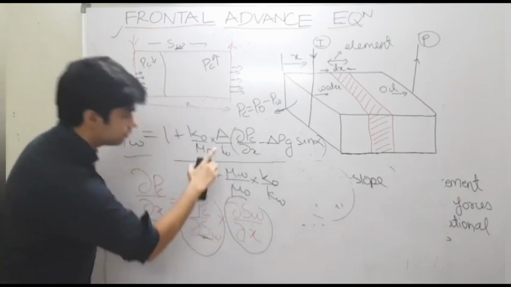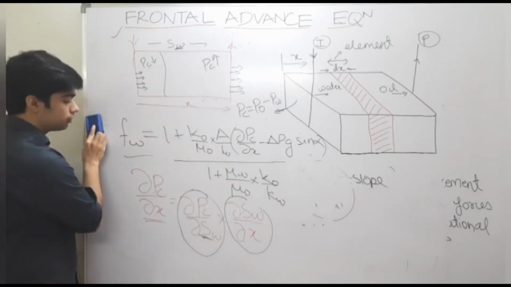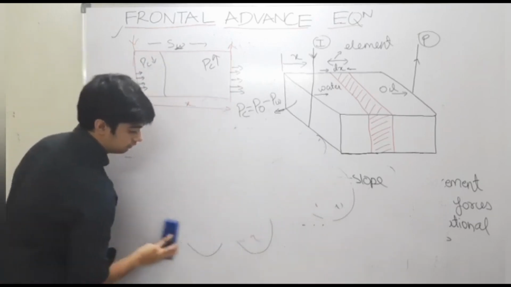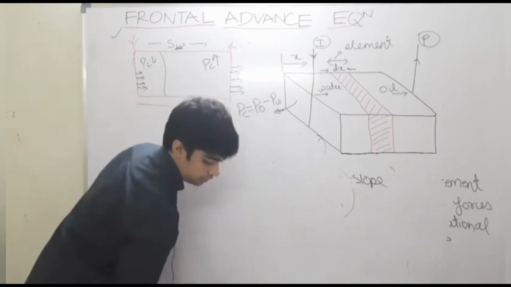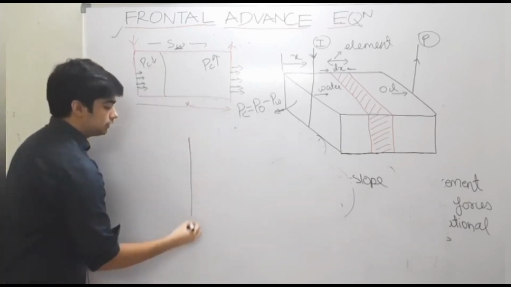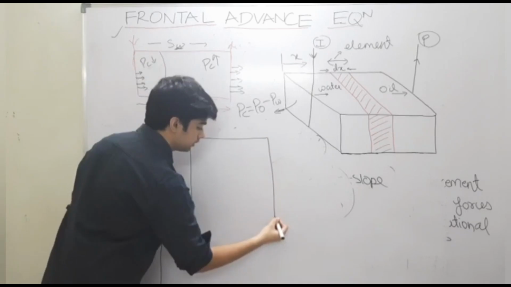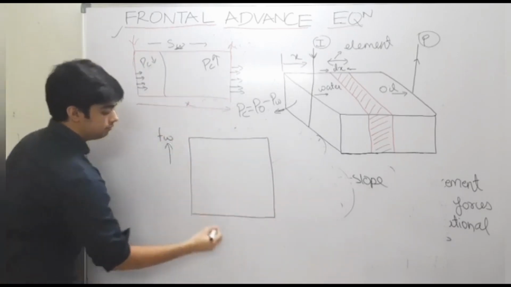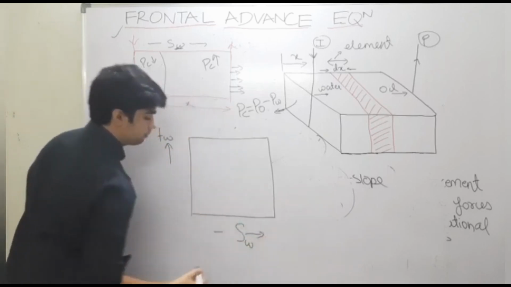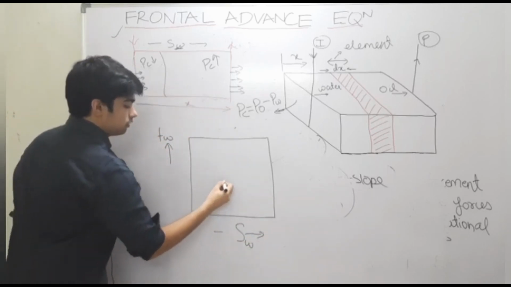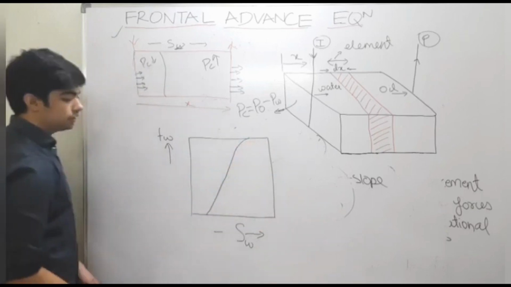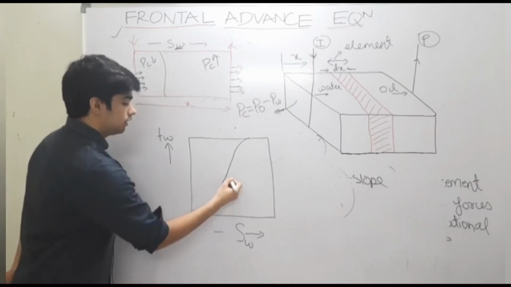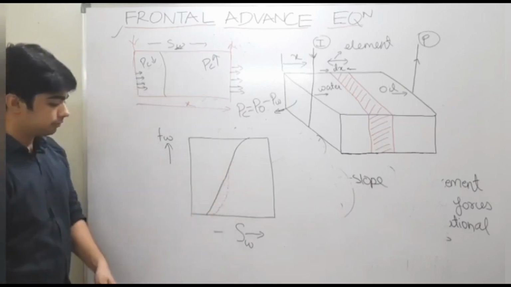Once we add the effect of this term, the nature of the graph of Fw versus Sw will change. So now they added the effect of capillary pressure and changed the type of curve. This is the type of curve we get on adding the effect of capillary pressure, and this red line denotes the earlier curve.